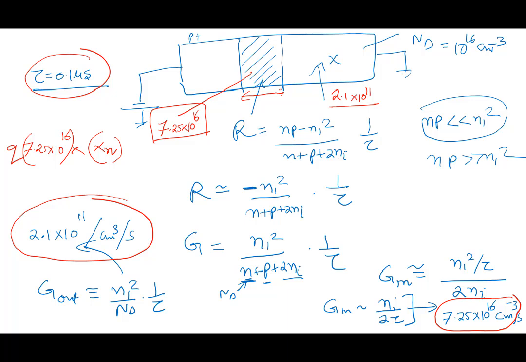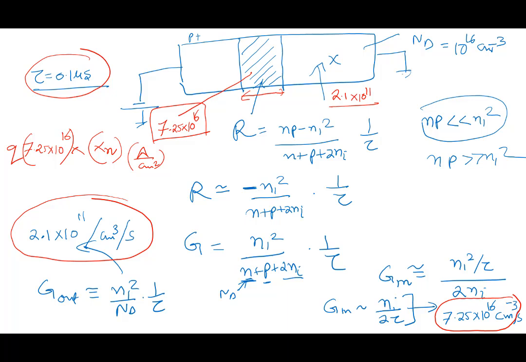We multiplied by Q to get current, and we multiplied by the depletion width. You can easily verify this, the units are ampere per centimeter square. So this is the amount of current that I will get inside the depletion region.